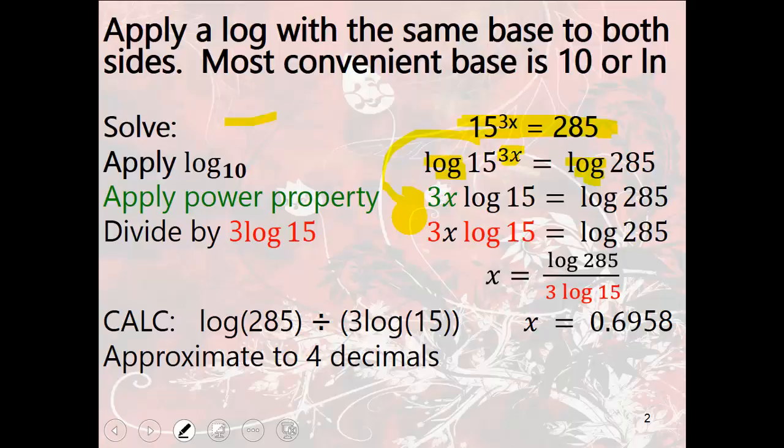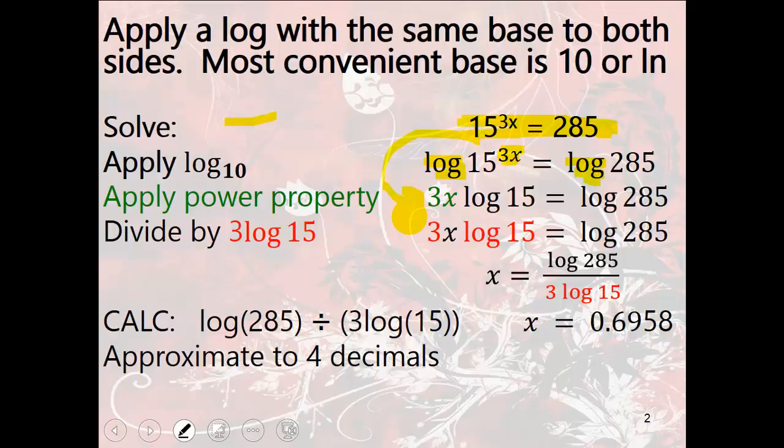Now here's where students get confused, because they think that log 15 is some variable or uncertainty. You have to understand that that is just a way to write the exact value of log base 10 of 15. It's just a number. It's an irrational number, but it's just a number. So we can divide through by it, we can multiply by it, we can treat it just like a number.